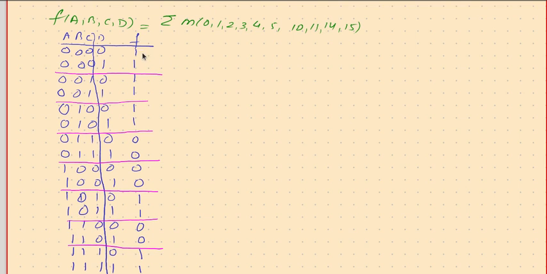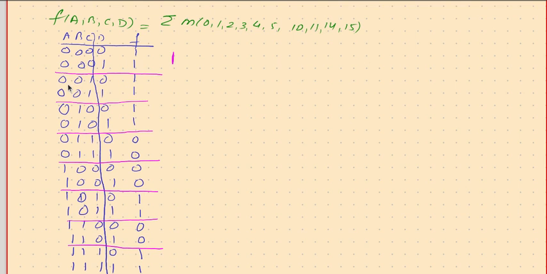Now let us see, if ABC is 0 0 0, what the output is. The output is 1 in both cases. Therefore the output doesn't depend on D. So I can say the output is 1 if ABC is 0 0 0.